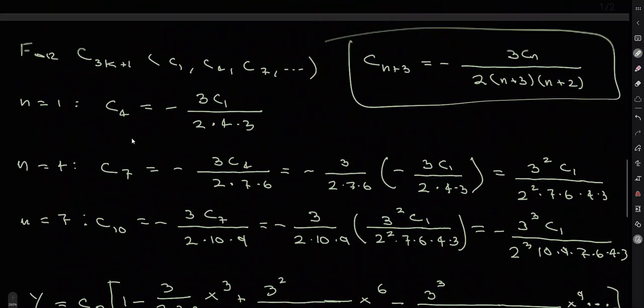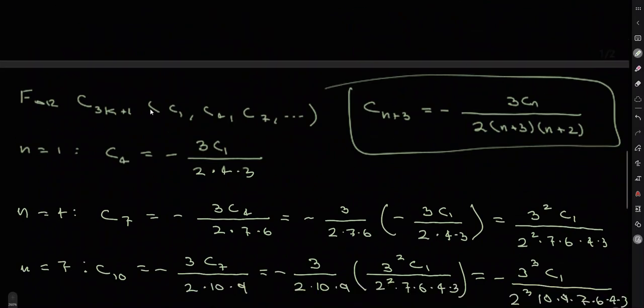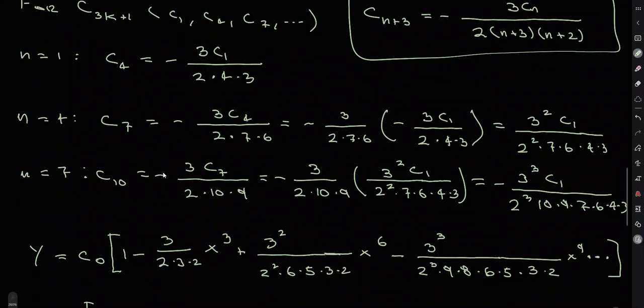here for n equals 1, that's essentially this. We start with the c sub 1. In this case, c sub 1 is the coefficient of x to the first power, and then minus the coefficient of x to the fourth, and then the coefficient of x to the 7, and then the coefficient of x to the 10. And here we have the coefficients.